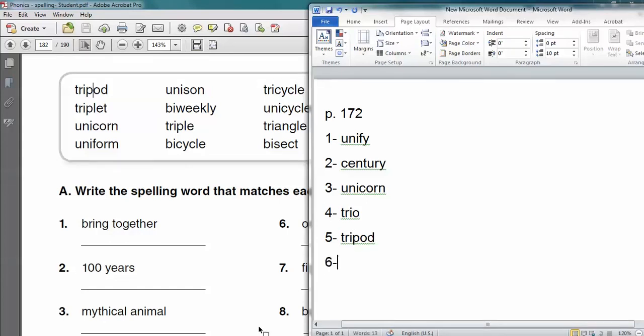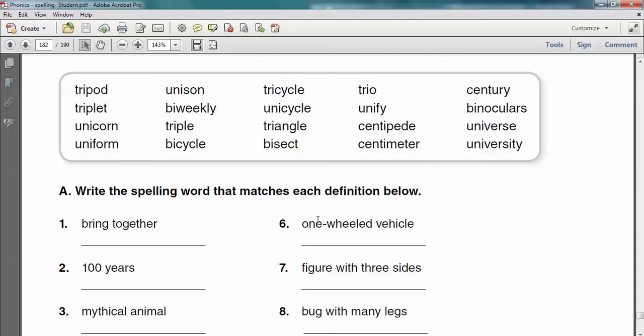Then one-wheeled vehicle, a vehicle that goes with just one wheel. Of course it is unicycle.